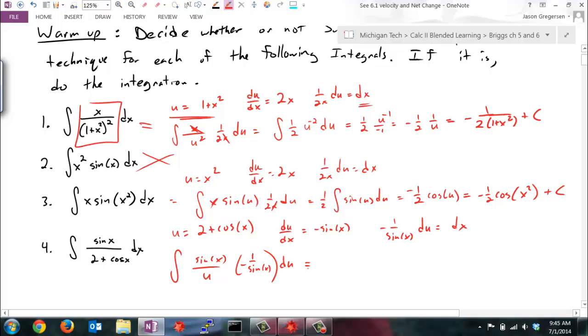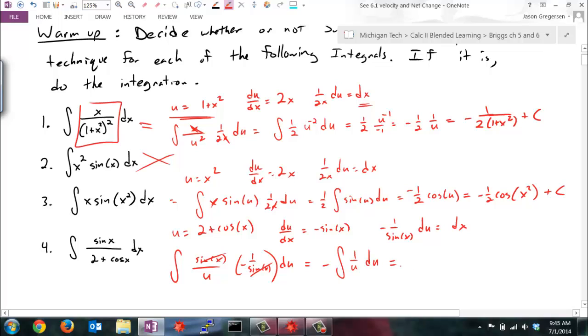I use parentheses because if I don't, I will forget and think that's subtraction in the next line. I'm happy because my x terms all disappear. I'm really just left with negative the integral of 1 over u du.